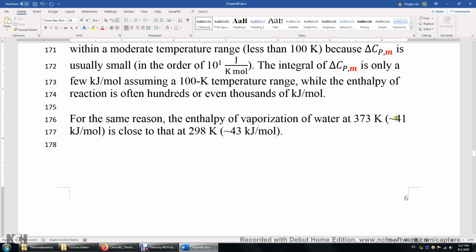So it's 41 versus 43. So why the difference? There's a 2 kilojoule per mole difference. That's actually the integral of delta CPM from the room temperature to 100 degrees Celsius. And that delta CPM is simply the CPM of the gaseous water, the water vapor, minus the CPM of liquid water.